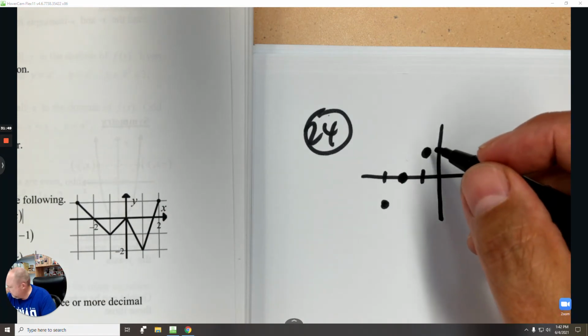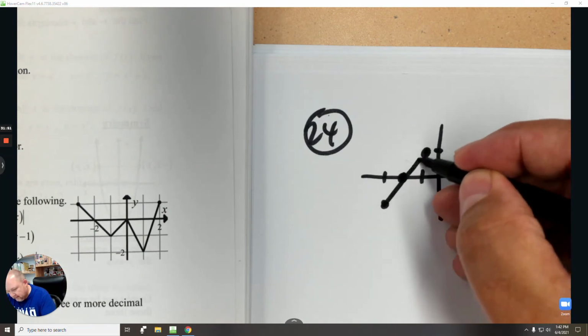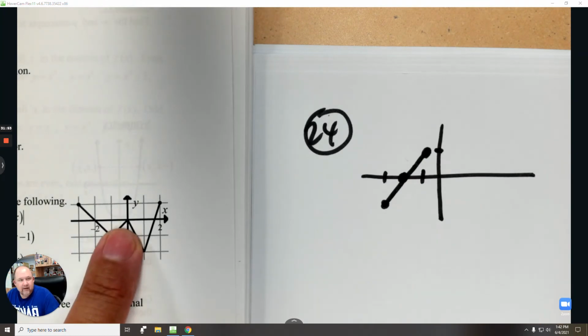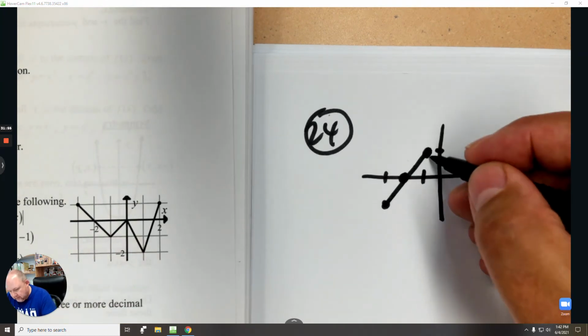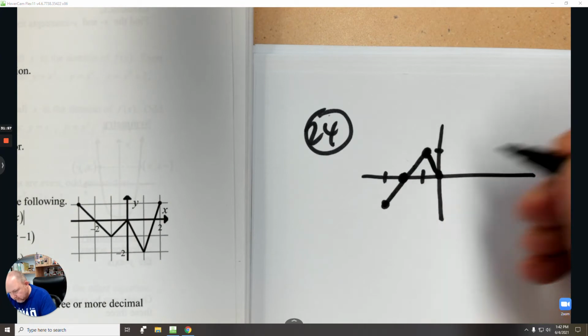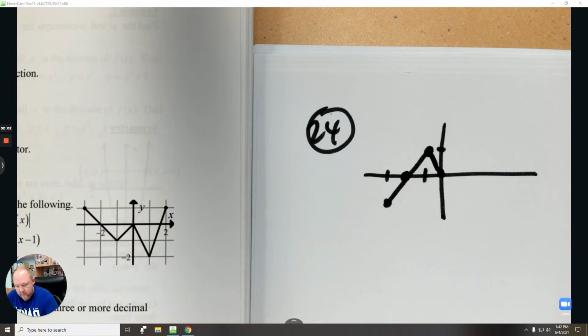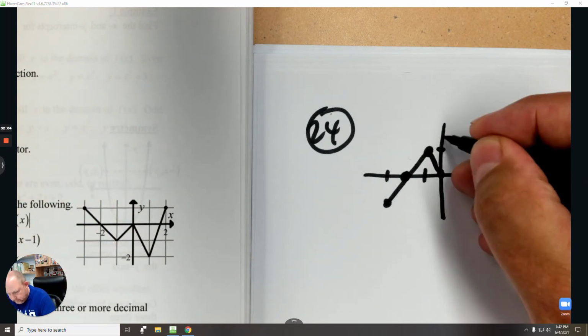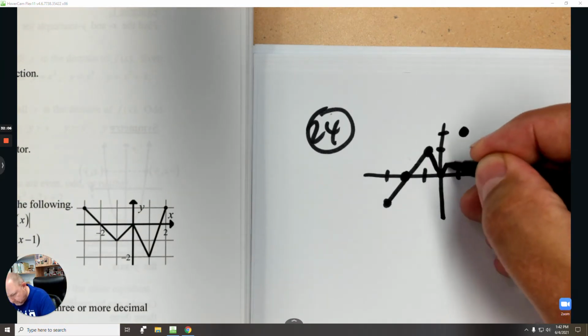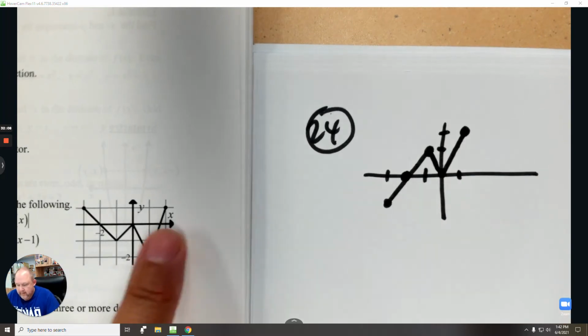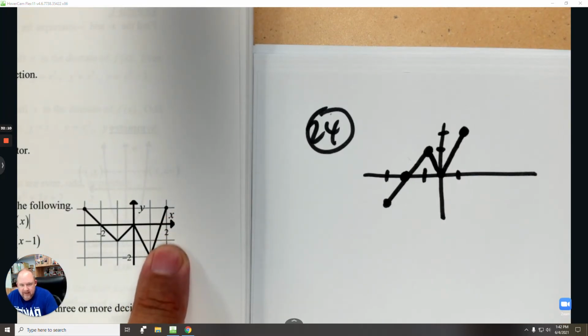So this is just going to be connected as a line. It's going to connect to 0. Now I'm going to reflect this point up to positive 2. And then this point is going to be reflected down to 2, negative 1.